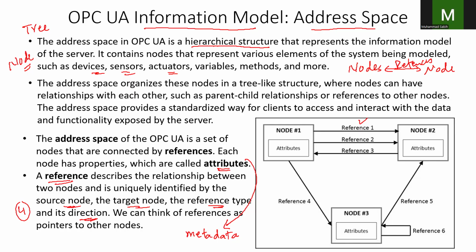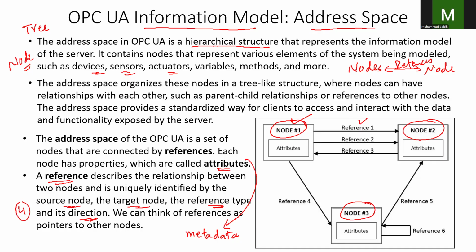In this diagram, we see node 1, and this node 1 has multiple references pointing to node 2 and also to node 3. So node 1 is connected to node 2 as well as node 3 through multiple references.